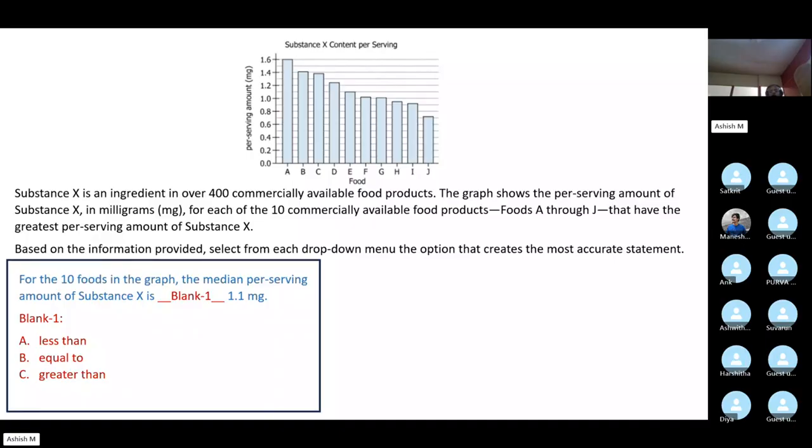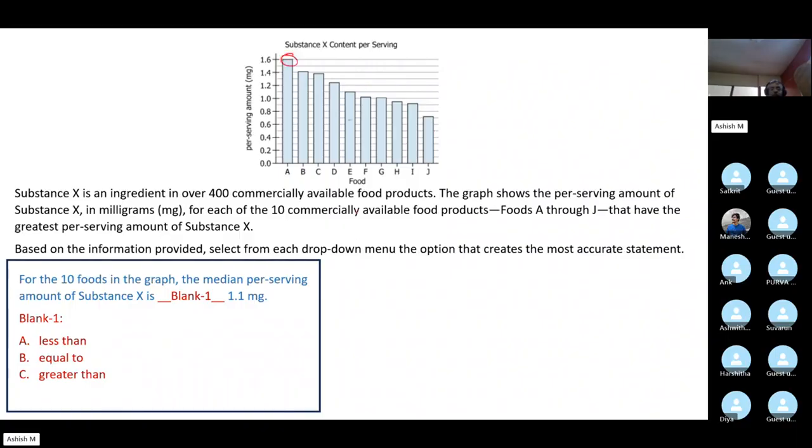But out of those 400, the graph only depicts how many? 10, which have the greatest per serving amount of substance X. So per serving, food product A has how many mg? 1.6 mg of substance X, right? 1.6.